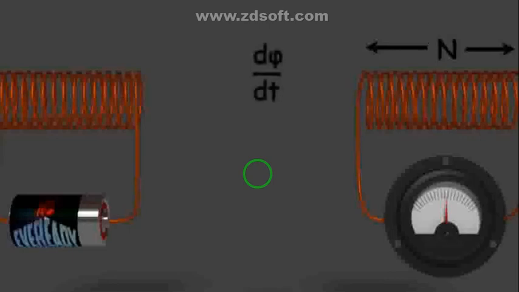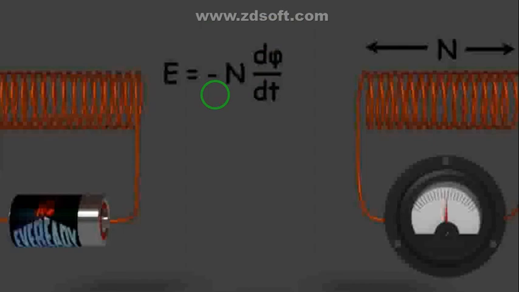Then the EMF induced in the second coil, E, is equal to minus N into dφ by dt. Here N indicates the number of turns in the second coil. dφ by dt is nothing but the rate of change of flux linkages of the second coil from the first coil, that is E equals minus N into dφ by dt.